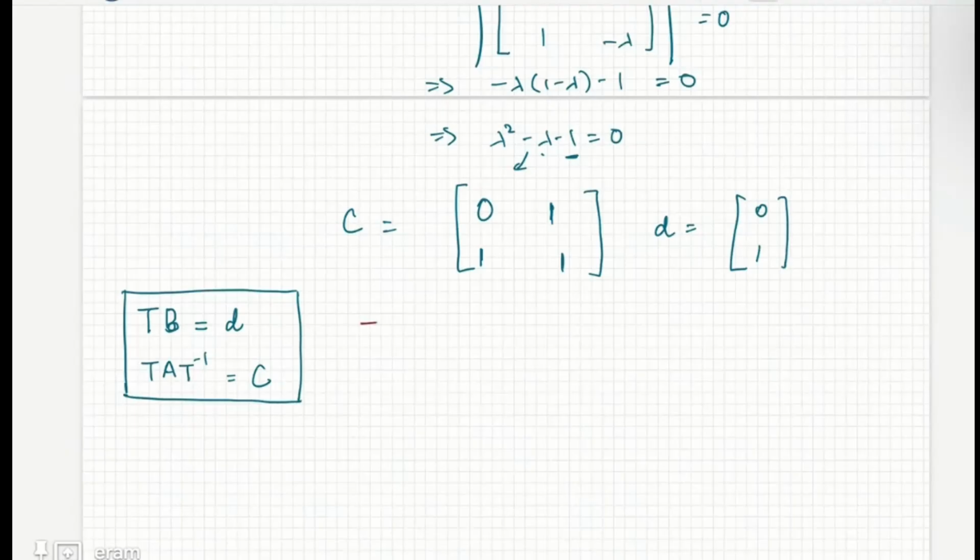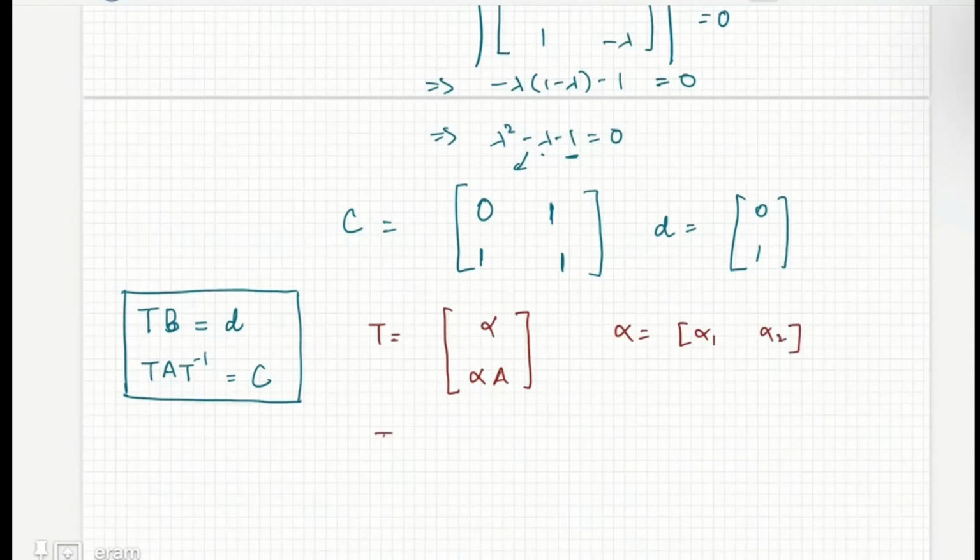Now, T must be a 2 cross 2 matrix obviously, so let's say that T is alpha and alpha times A, where alpha equals [alpha 1, alpha 2].